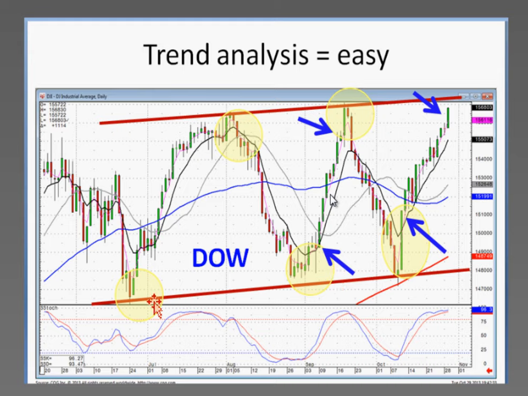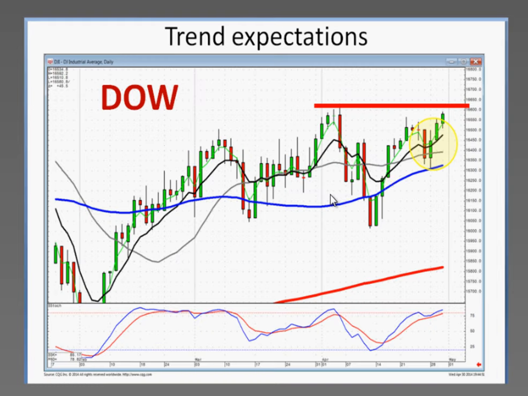All right, so anyways, if we're making our trend analysis and we can see what the trend channel looks like, and we can see if there's a breakout level, at least we know we should be watching to see what the market is doing at this level to see if it's going to go to the next resistance level.